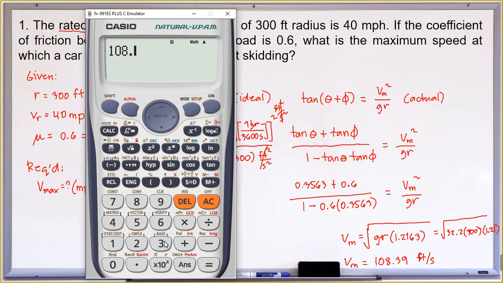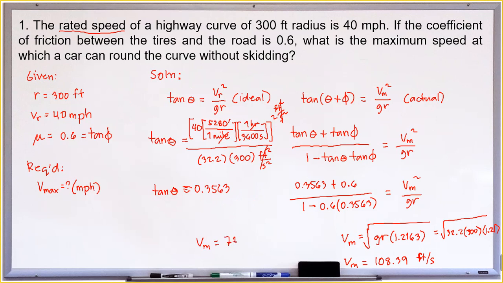So we have 5,280 feet, that is 1 mile, and 3,600 seconds, that is equivalent to 1 hour. So therefore, our final answer in terms of miles per hour is 73.9, or more or less 74 miles per hour.